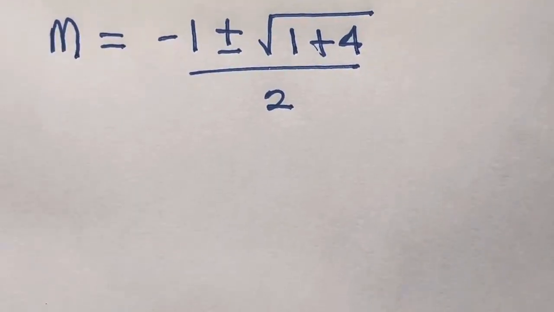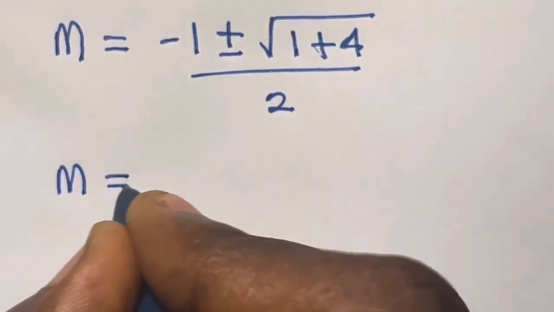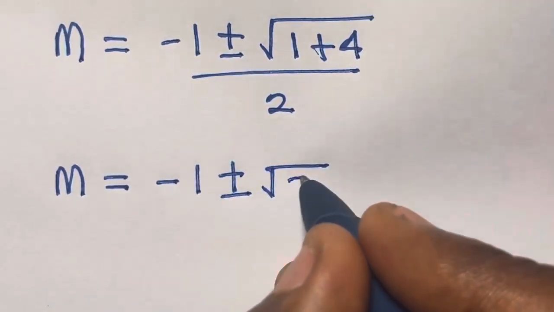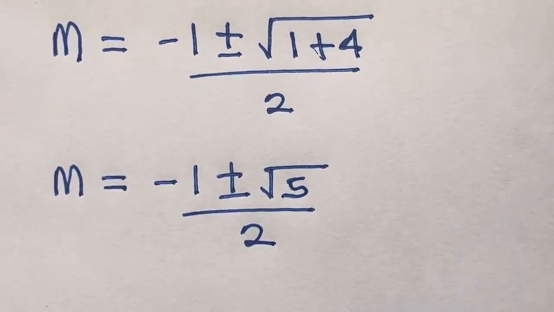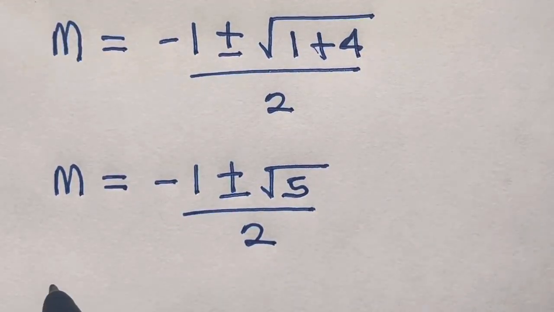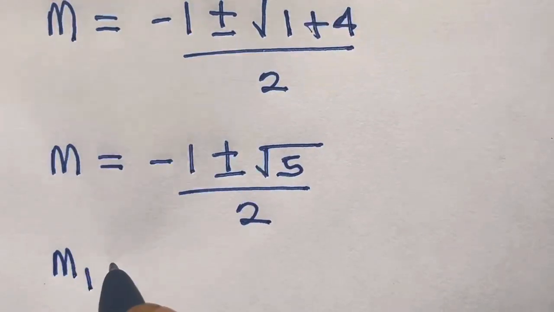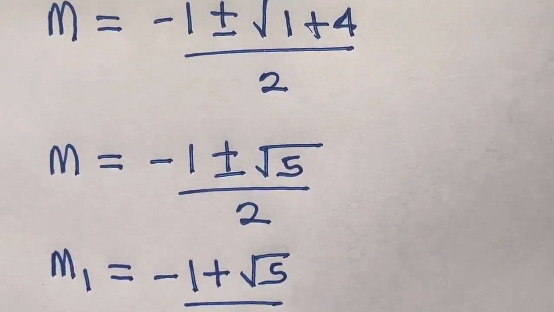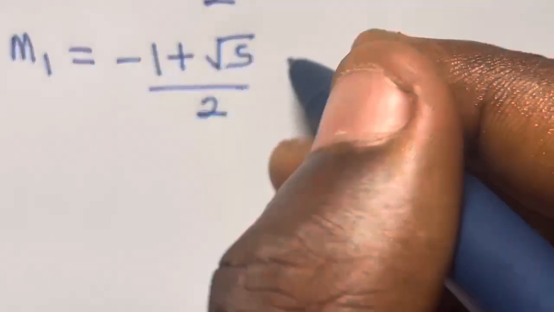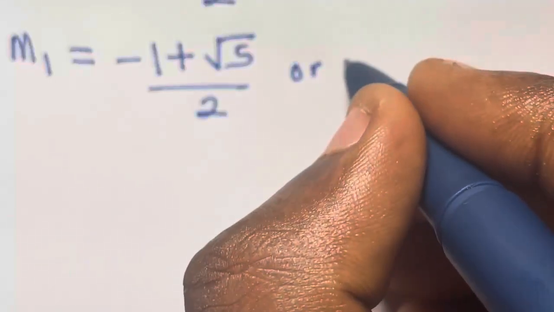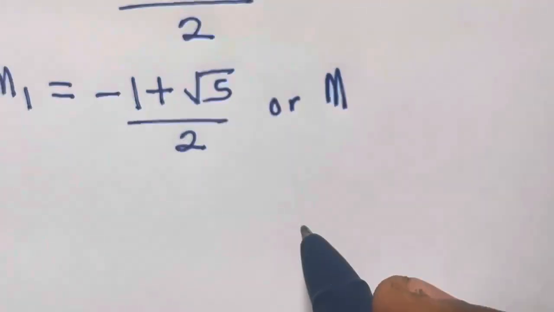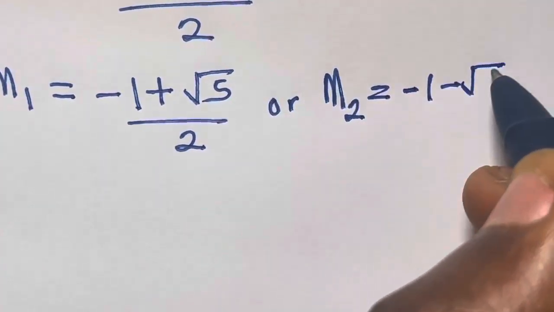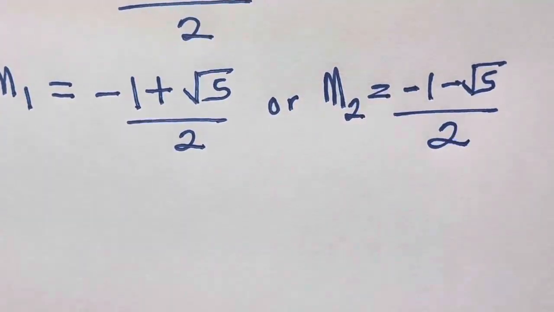So we have m equals minus 1 plus or minus square root of 5, divided by 2. So from here we can declare that our m1 equals minus 1 plus square root of 5 divided by 2, or our m2 is equal to minus 1 minus square root of 5 divided by 2.